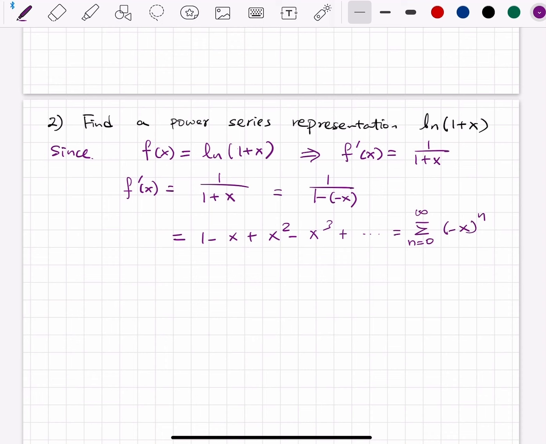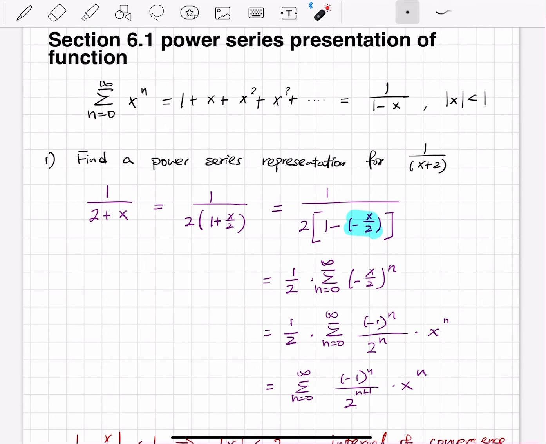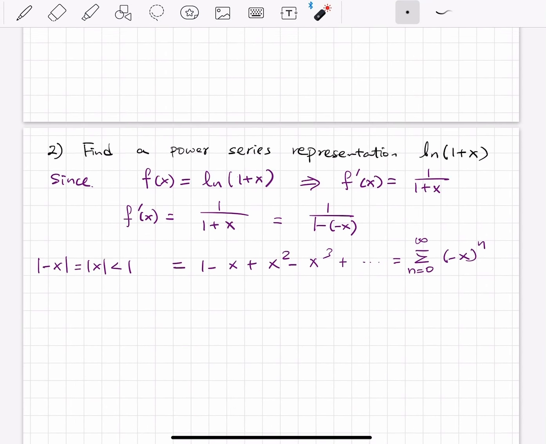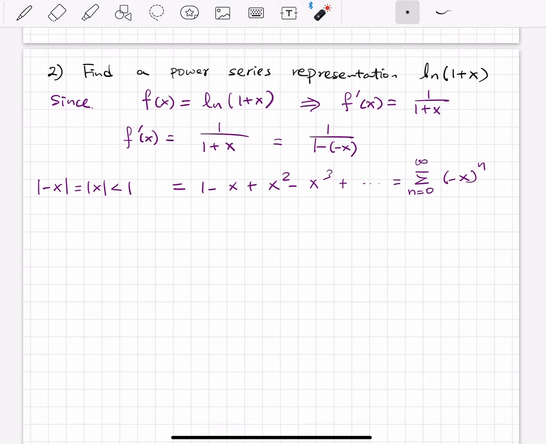And we still need the absolute value of negative x, which is the same as the absolute value of x, less than 1. Okay, so we use the power series here. But I do not need everything, so I'm going to erase this power series portion because I will need this expanded form.